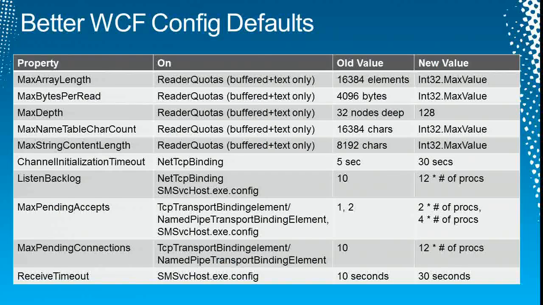I also mentioned that we are scrubbing our config defaults. This is a big table. There's lots of settings on here. But the message here is that we've gone through all the really archaic WCF transport settings and timeouts and really thought hard about what is the right default for these things so that people don't have to worry about them most of the time. And then we took those settings, we made them the defaults, and now we're running our stress and perf tests on them to make sure that they're production ready.